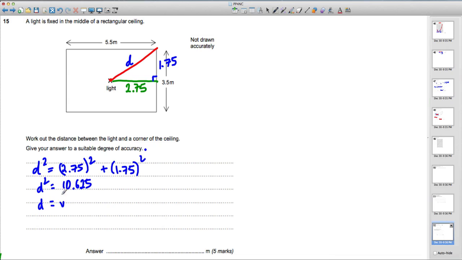So d must be the square root of 10.625, which is equal to 3.2596. For the suitable degree of accuracy, everything was given to 1 decimal place, so we should give 1 decimal place. The answer would therefore be 3.3 meters, to 1 dp, and we'll be done for 5 marks there.